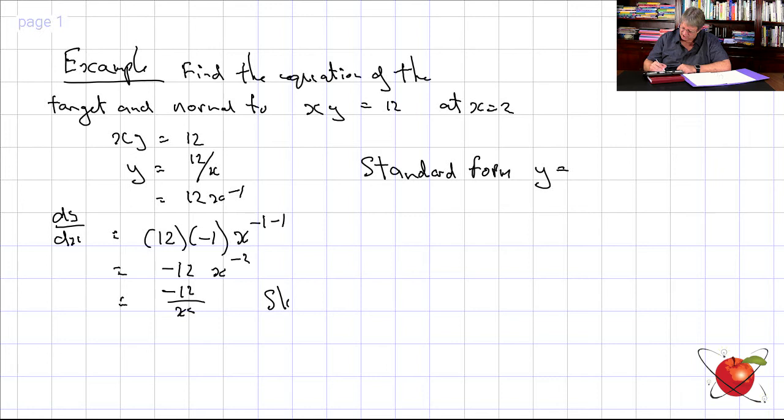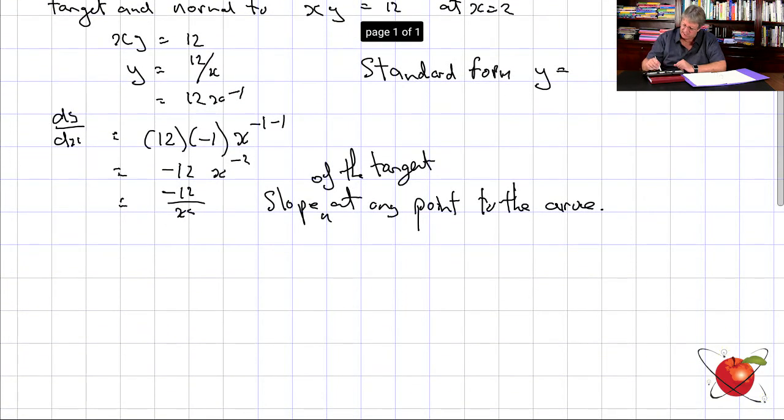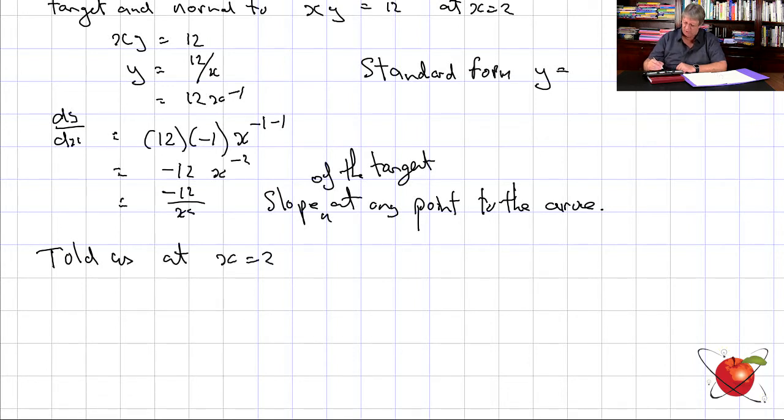This is the slope of the tangent at any point to the curve. Sorry, my bad. The slope of the tangent at any point to the curve. Now they have given us the point, and they have told us that they wanted it at x = 2.